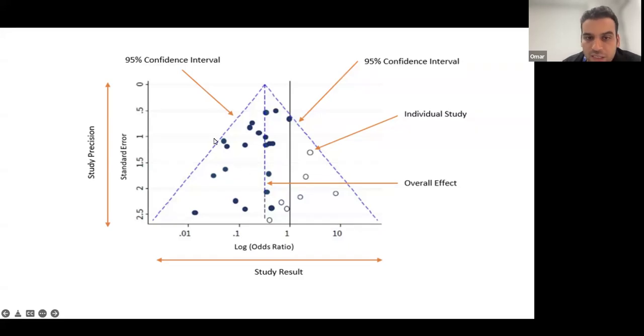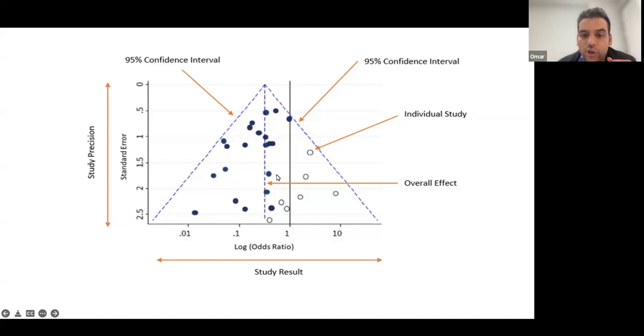If all of the studies are within the blue line, it basically means that your overall meta-analysis is not subject to a huge amount of bias. All of the effects are within what you would expect them to be. Each data point here represents an individual study.